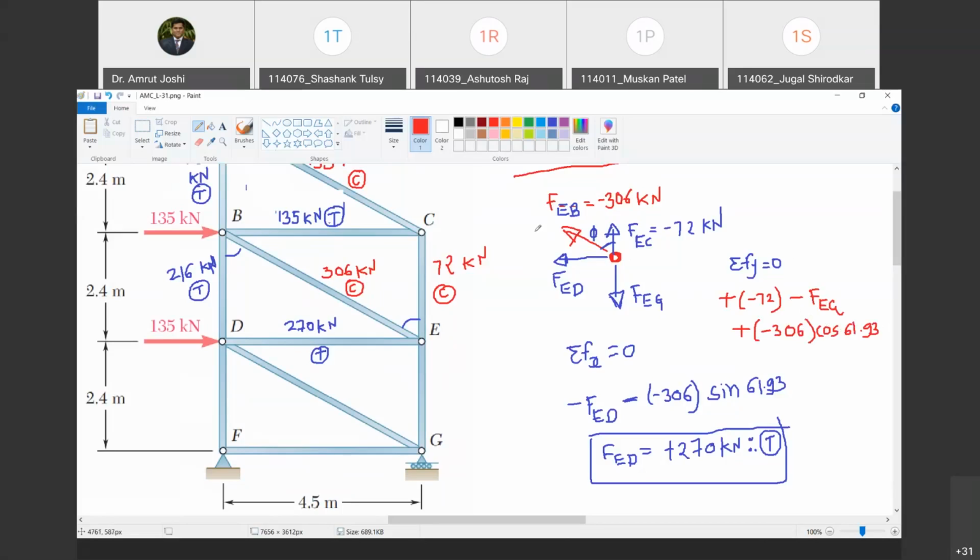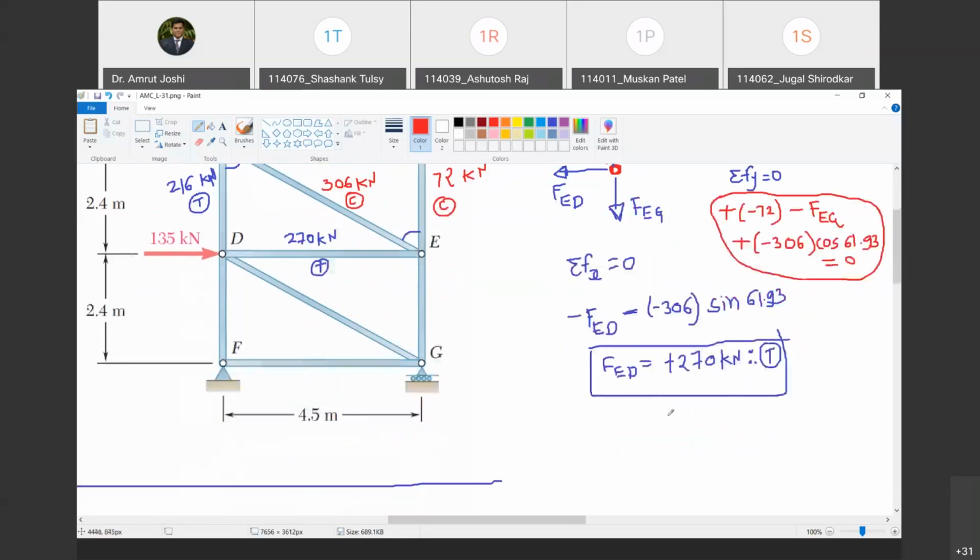Do you agree with me? Look, the vertical component of FEB is going to be positive, but FEB itself has a negative sign in its magnitude. So it is going to be minus 306 cos 61.93. This has to be equal to 0. Happy? Yes, sir.